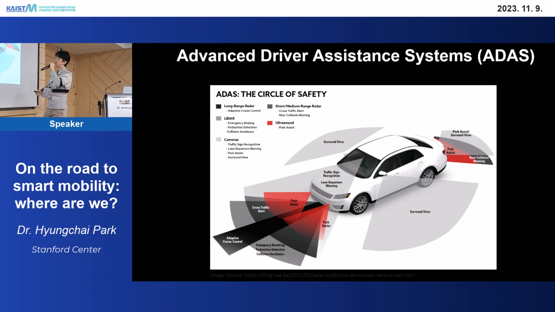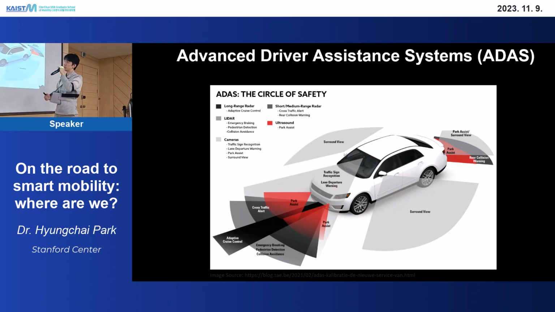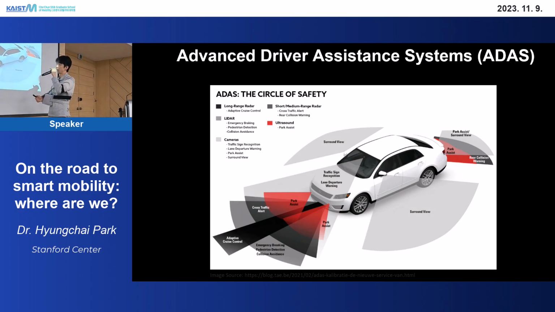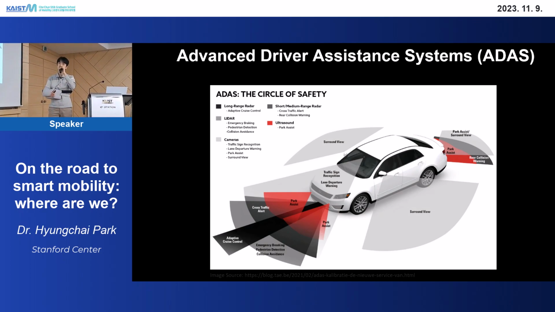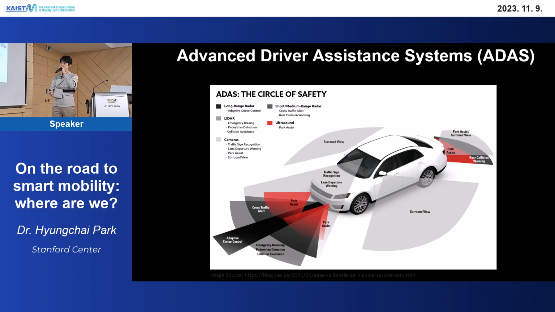For example, adaptive cruise control, emergency braking, collision avoidance, park assist, surround view monitoring, those kinds of stuff. Which makes driving much easier than without these functionalities.